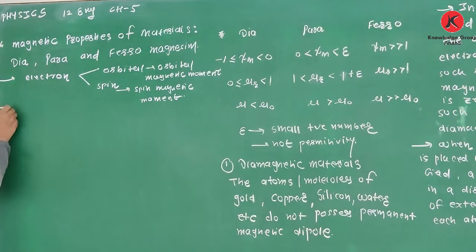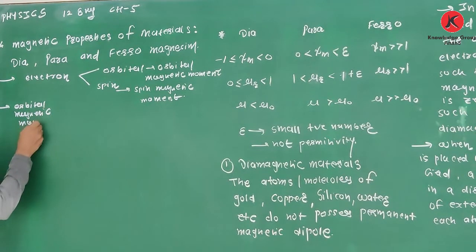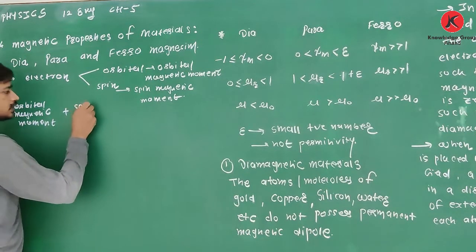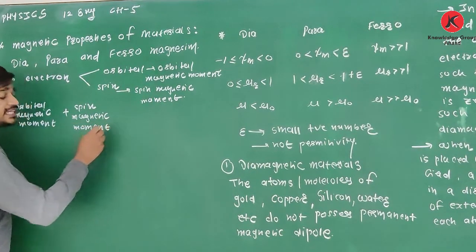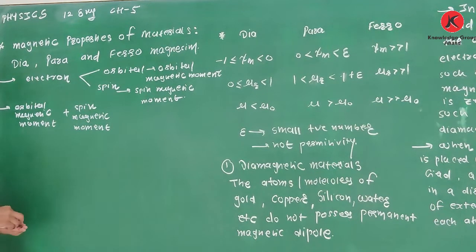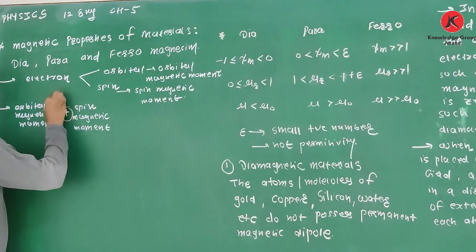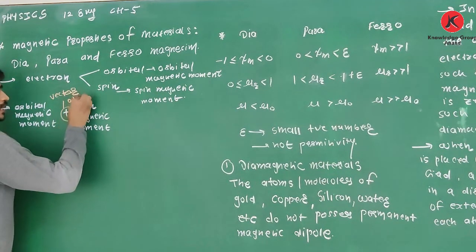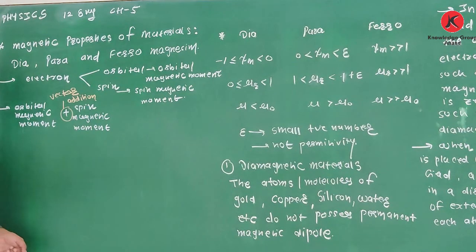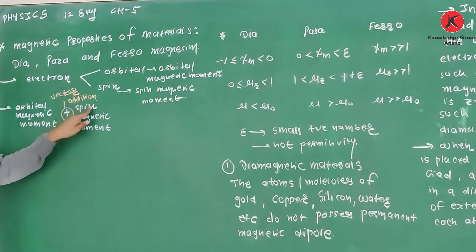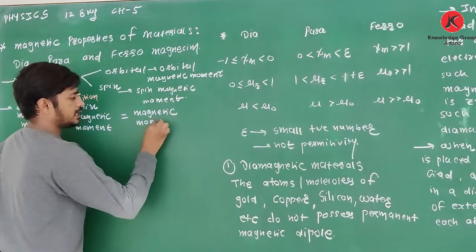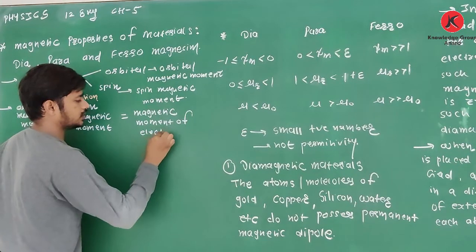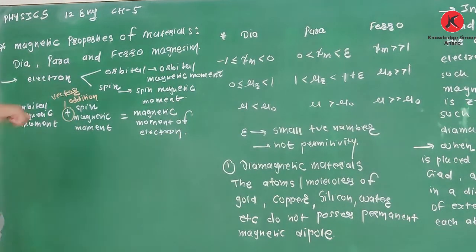So orbital magnetic moment plus spin magnetic moment, and moment is a vector quantity, so this plus is vector addition. Vector addition of orbital magnetic moment and spin magnetic moment gives the resultant magnetic moment of the electron.